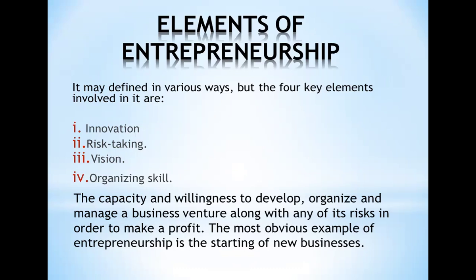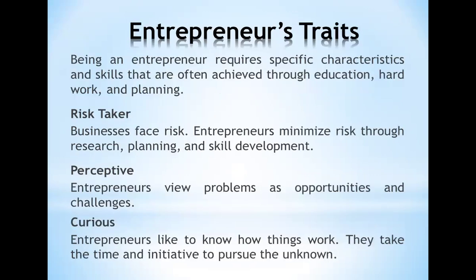That means he should have the capability to organize all the available resources of the business. So the capacity and the willingness to develop, organize, and manage a business venture along with any of its risks in order to make a profit. The most obvious example of entrepreneurship is the starting of new businesses.